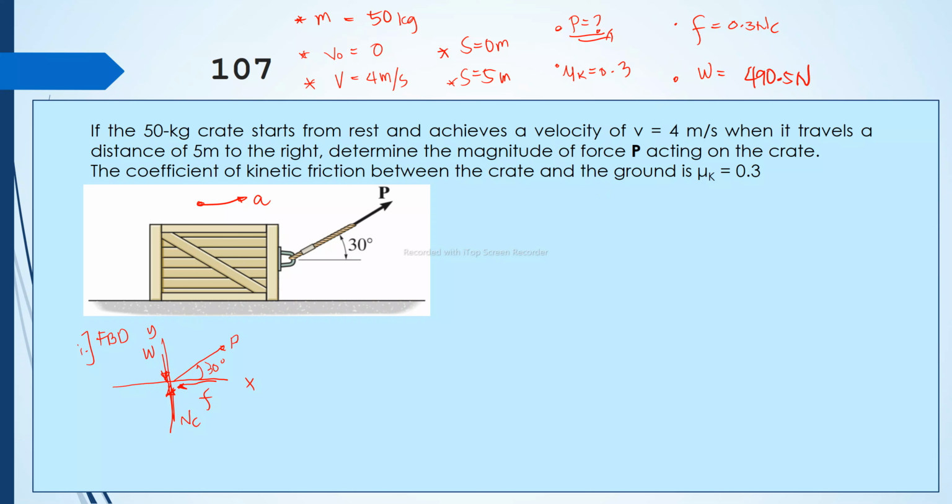After establishing our free body diagram, we try to sum the forces along x and along y. With this one, we sum first the forces along y. The summation of forces along y is equal to 0 because there is no acceleration along y. So we have the normal force minus the weight plus our force P sine 30 equal to 0.